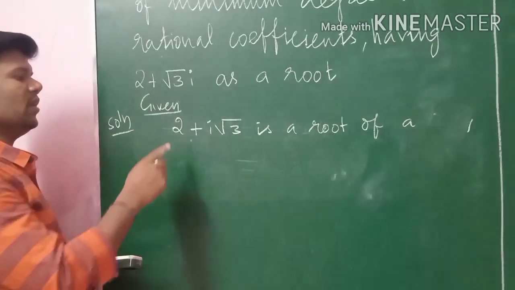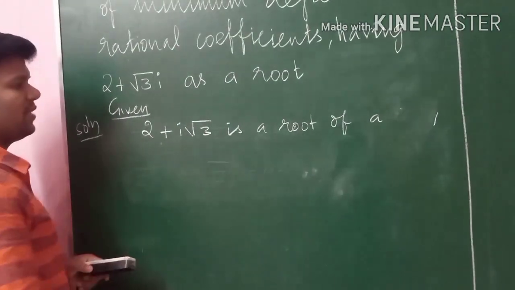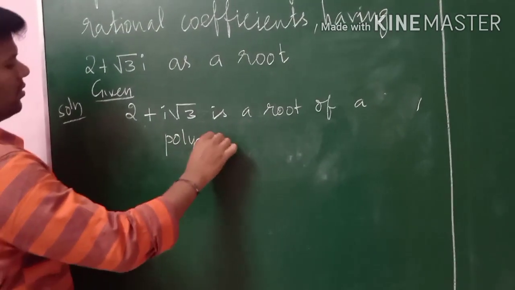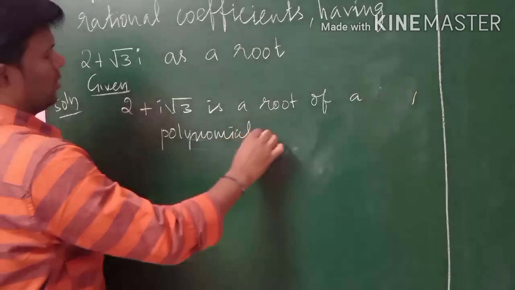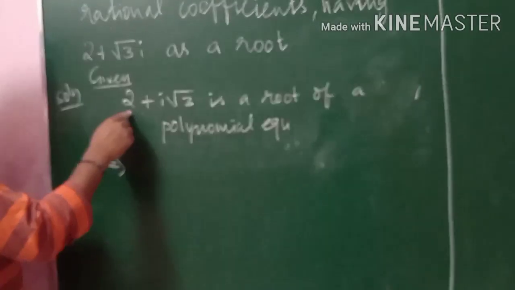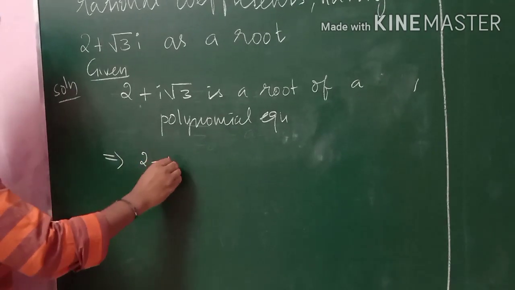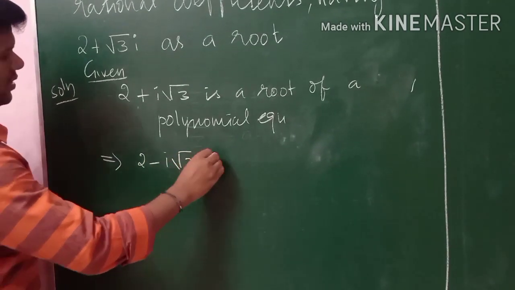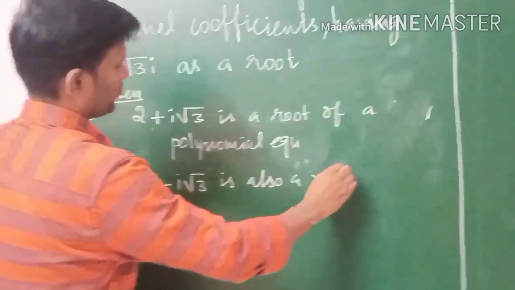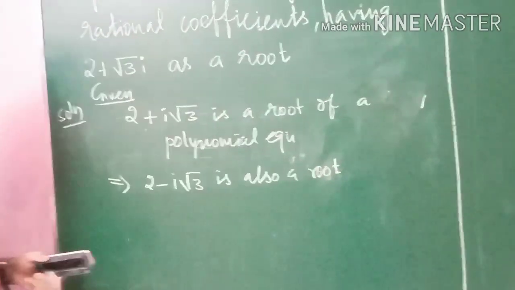So what they given? 2 plus i square root of 3 is a root of a polynomial equation. So which implies what? Its conjugate 2 minus i square root of 3 is also a root.